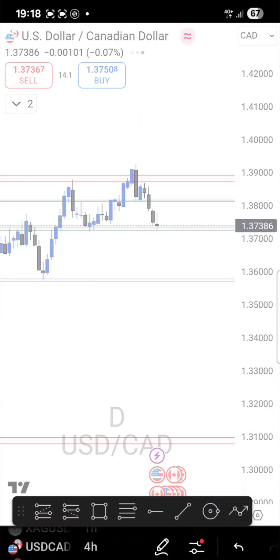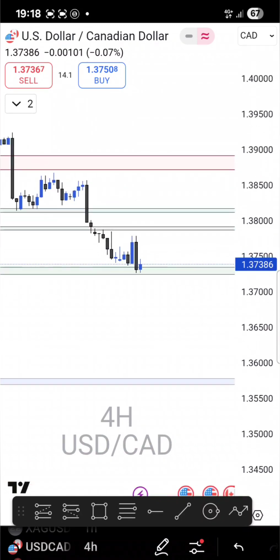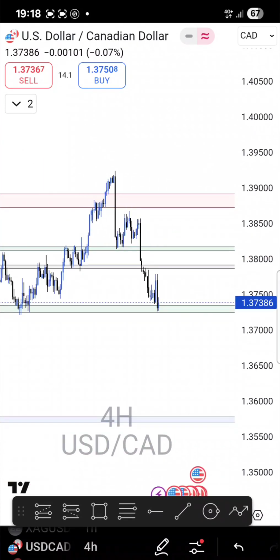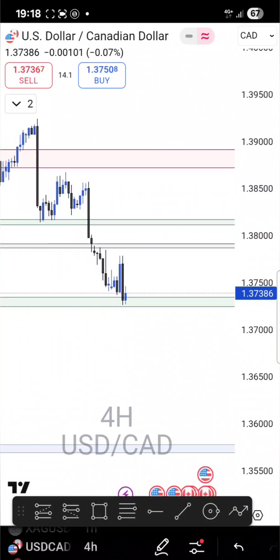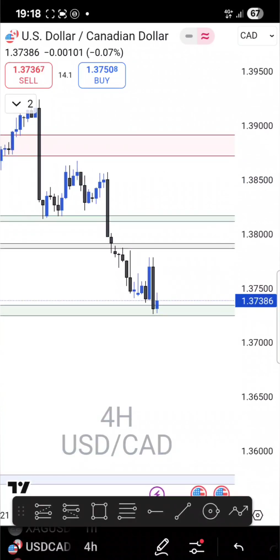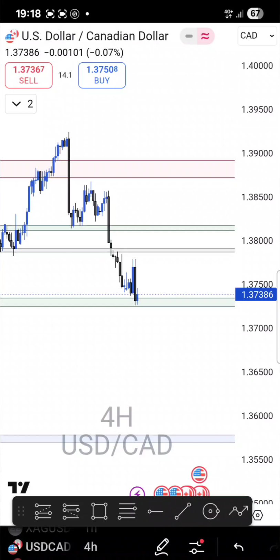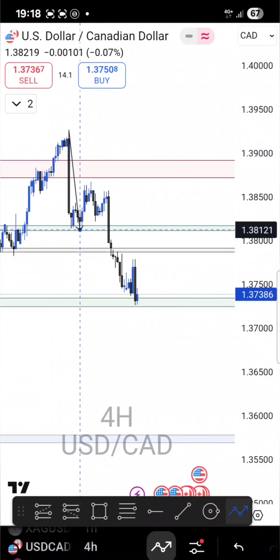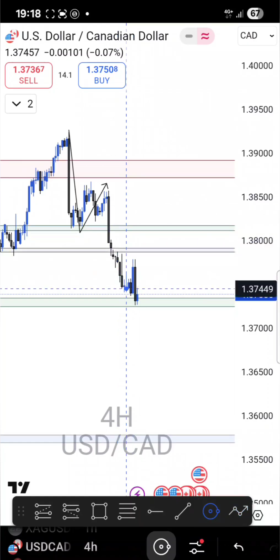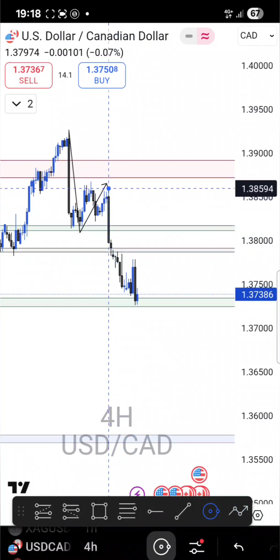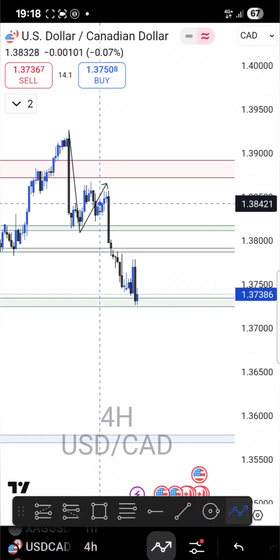So let's just go down to the 4-hour time frame and see how we can potentially be looking to take our trades. I typically take my trades on the 4-hour and the 1-hour time frame. These are my entry time frames for taking my trade. So currently you can also see that the daily is in a downtrend, a series of lower high, lower low.